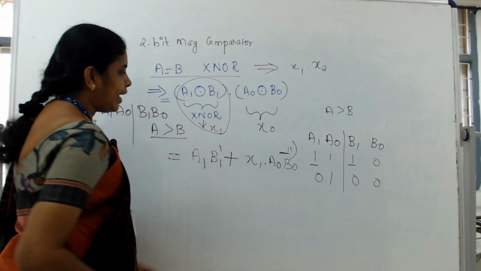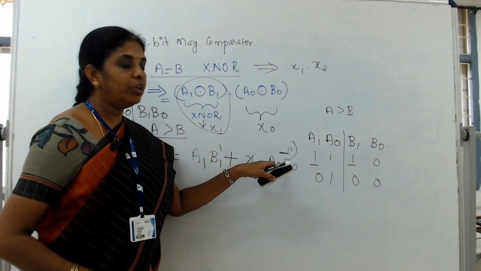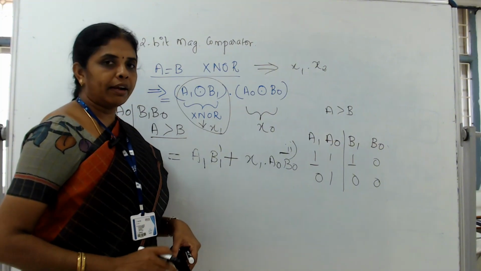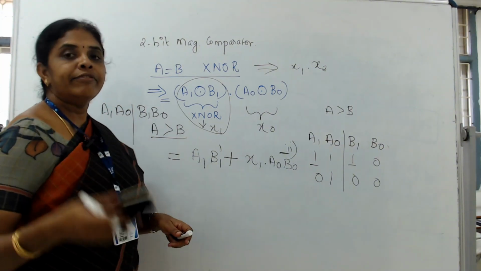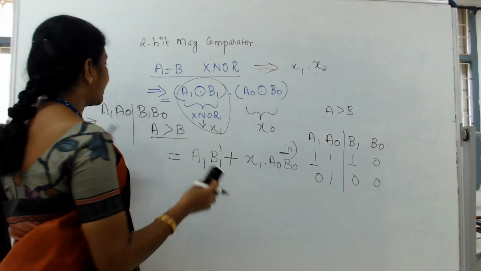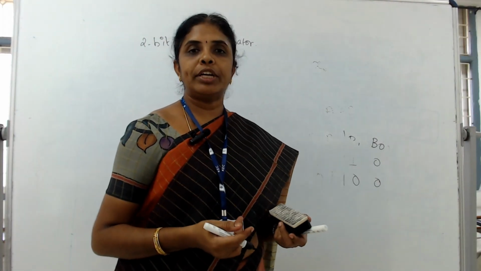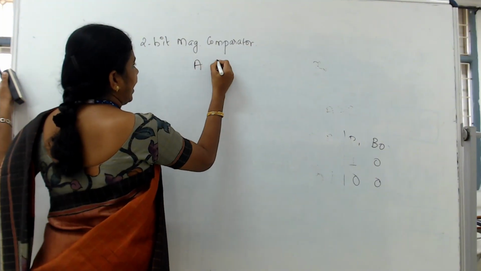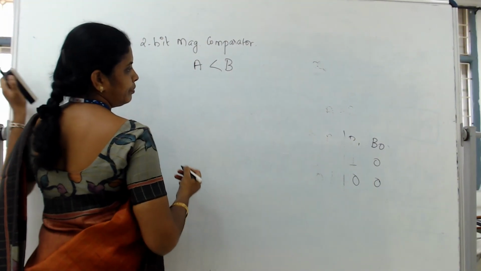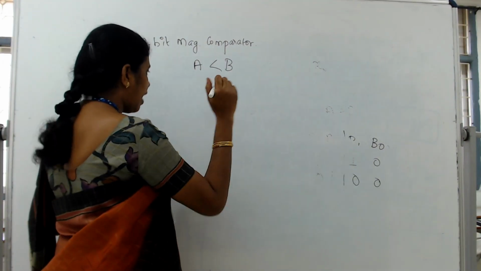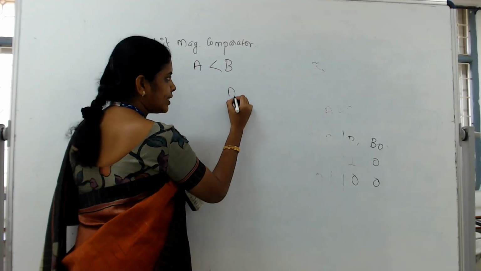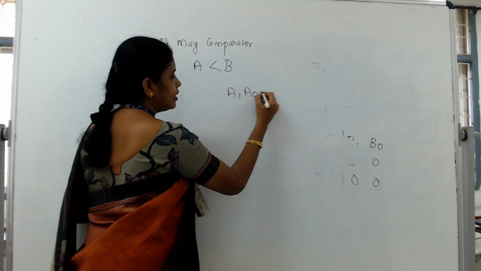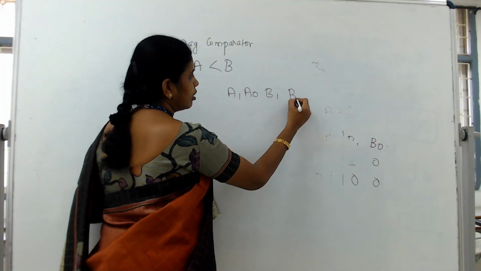The corresponding expression is X1 into A0 into B0 bar. Similarly, we will move on to the third expression, which is A less than B. Again we are taking two bits A1, A0, similarly B1, B0.